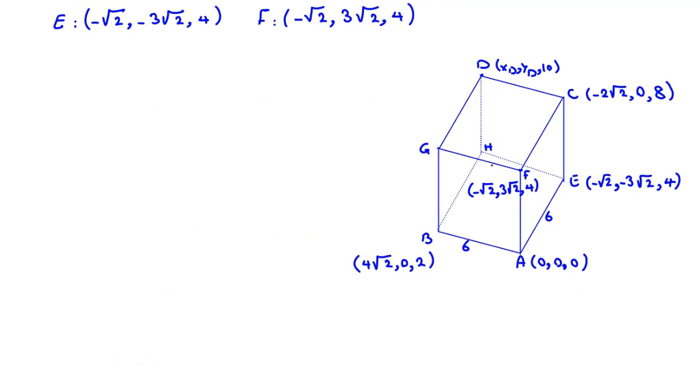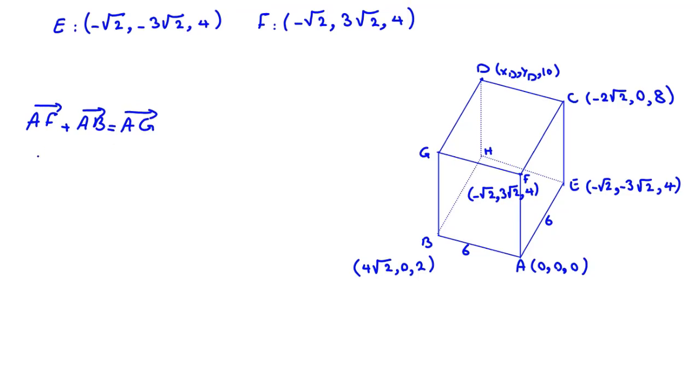Now, finding the coordinates of the rest of the vertices is much easier. For G, we know that AF plus AB equal to AG. So AG is equal to AF, which is negative root 2, 3 root 2, 4, plus AB, which is 4 root 2, 0, 2.